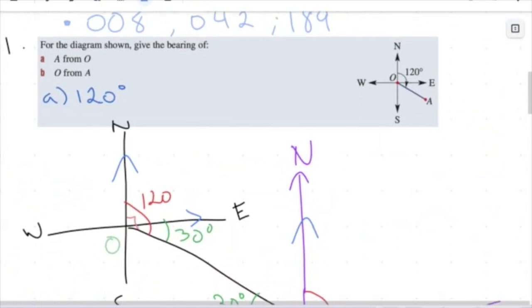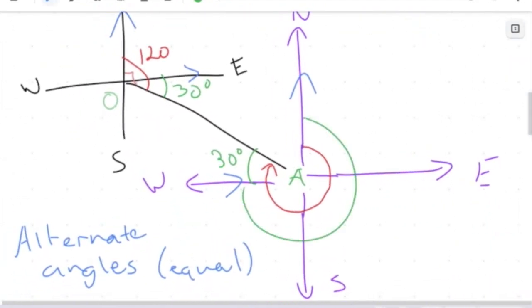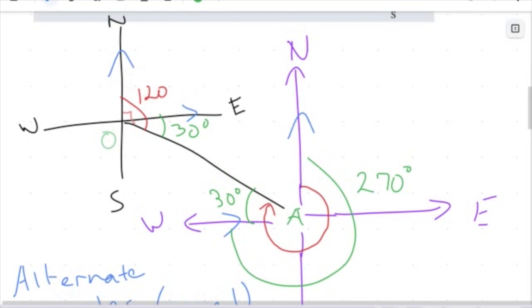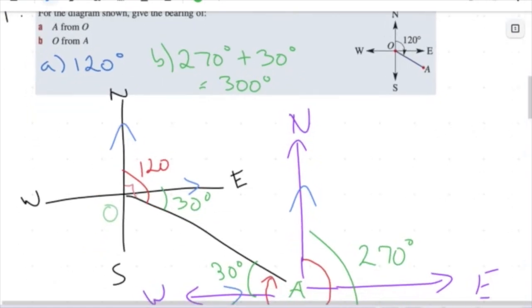The bearing of O from A is going to be 270. This one from north to west, that's 270 degrees. Let's write that in. Plus another 30 degrees. And that's going to give me 300 degrees.